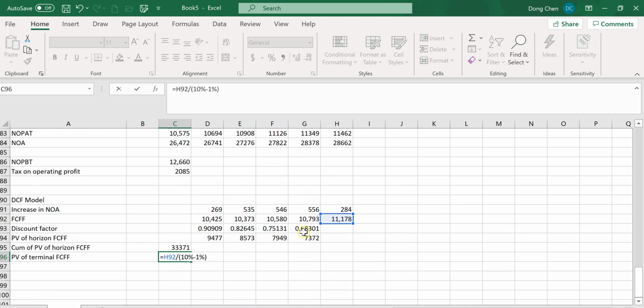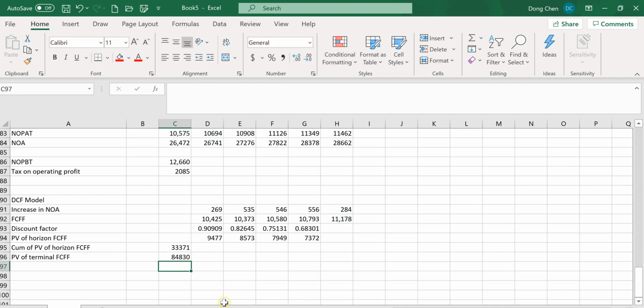But this so far is the present value in terms of 2020, 1 year before the terminal starting year. So I need to discount this further back to the true present by how many years? 4 years, right? So I also need to discount this by 4 years. Again, this has to be rounded to 0 decimal places.